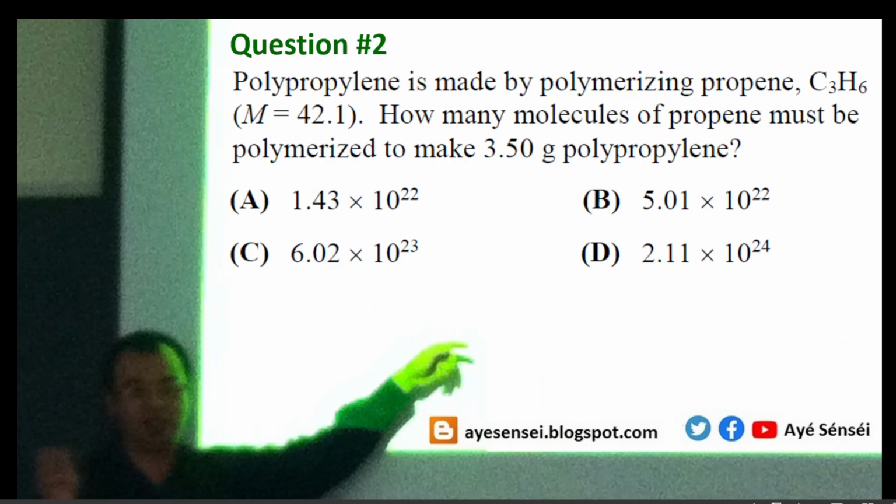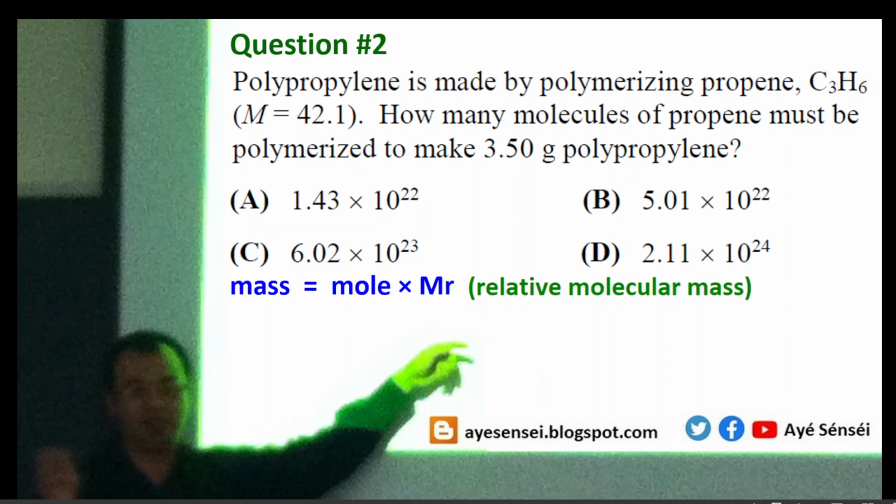Polypropylene is made by polymerizing propene. How many molecules of propene must be polymerized to make 3.5 grams of polymers? First, the correlation that can be applied to solve this is mass equals moles times Mr. If you still remember, Mr is the relative molecular mass.